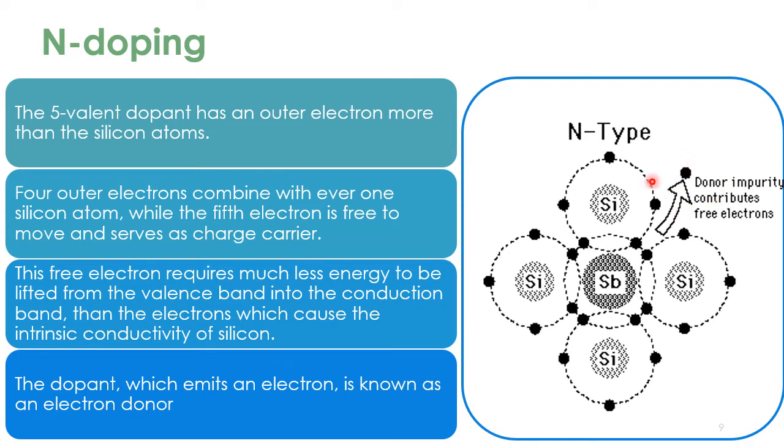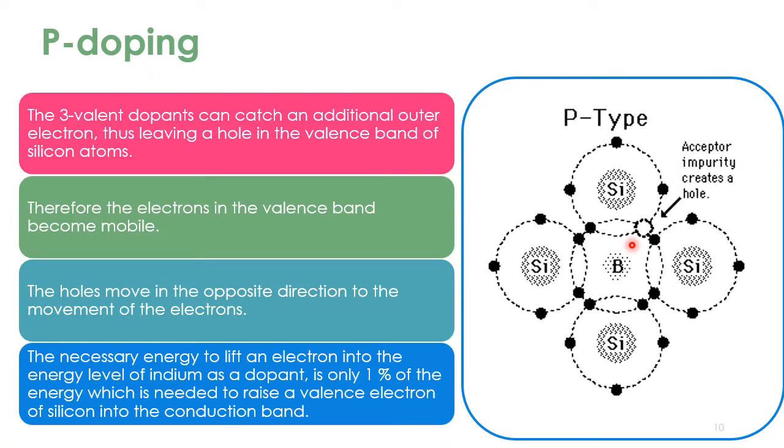For p-doping, the trivalent dopant can catch an additional outer electron, leaving a hole in the valence band of the silicon atom. For example, this one has only 3, right? So once it is paired with the silicon, there will be one free hole over here.